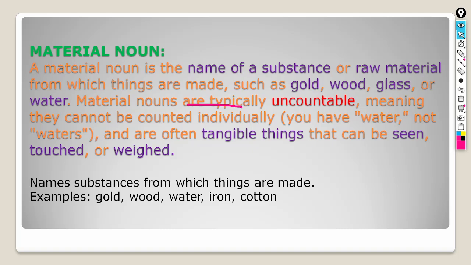The characteristics of the material noun are that they are typically uncountable. So when you're talking about gold, wood, water, iron, cotton, can you count it? No. That means they cannot be counted individually.